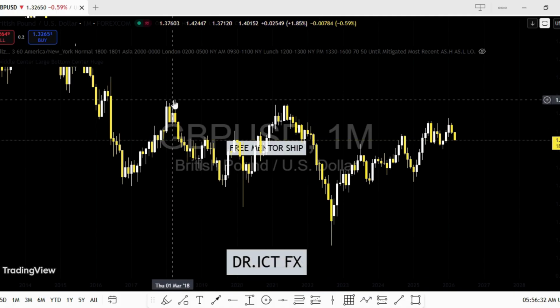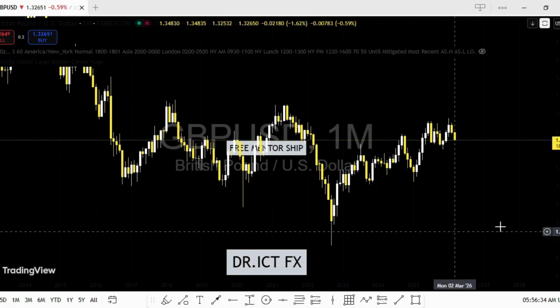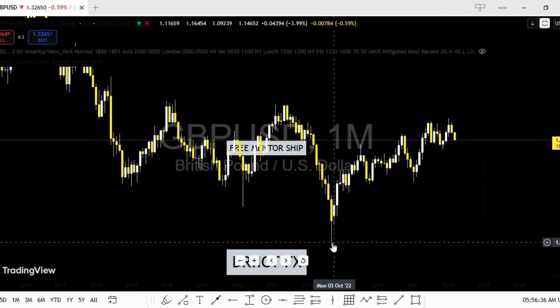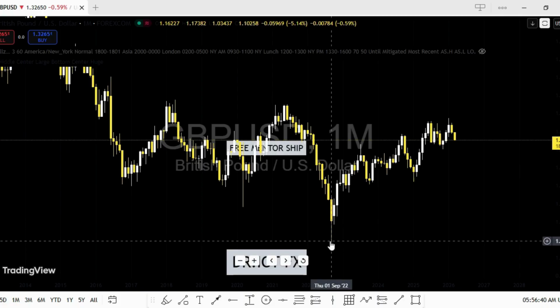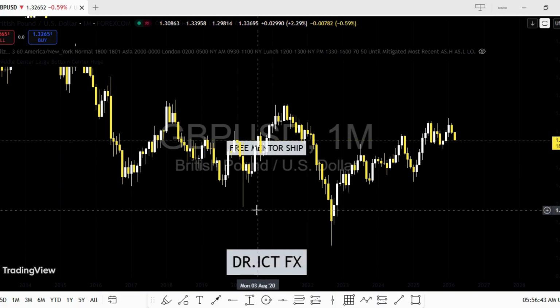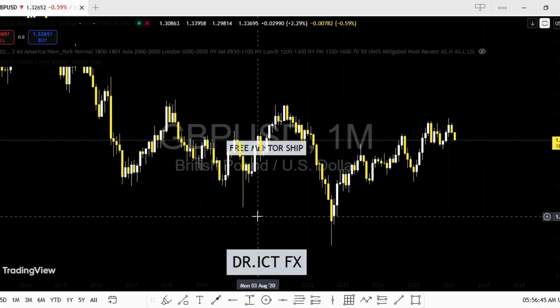This is the highest point of the price action here, and this is the lowest point of the price action in this zone. When you use the monthly time frame for analysis, you normally go to the daily for entries, for swing traders.